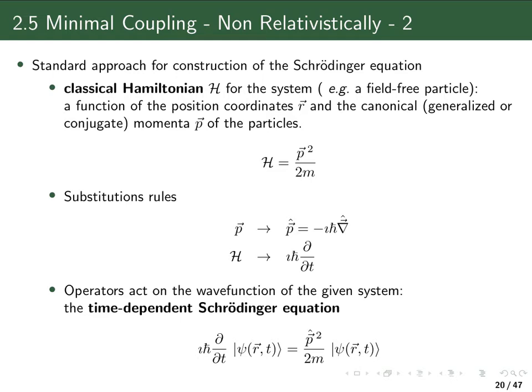So this is the canonical momentum operator, and the Hamiltonian becomes then the Hamiltonian operator, and that is again i times h bar times the partial derivative with respect to time.